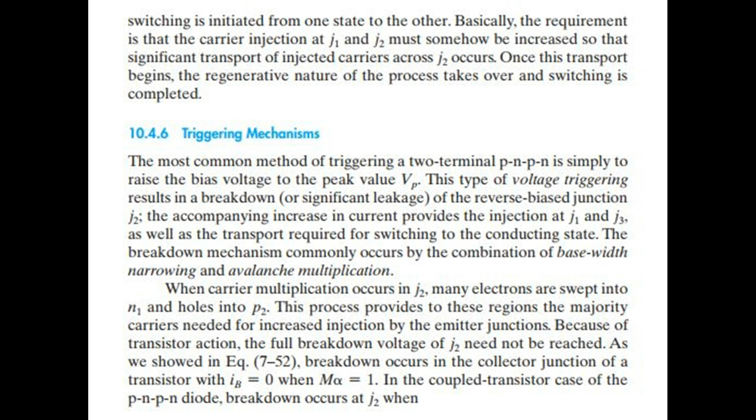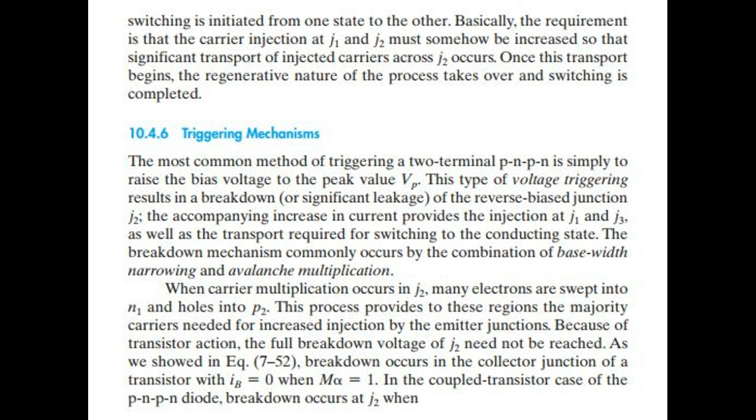The breakdown mechanism commonly occurs by the combination of base width narrowing and avalanche multiplication. When carrier multiplication occurs in J2, many electrons are swept into N1 and holes into P2. This process provides to these regions the majority carriers needed for increased injection by the emitter junctions.